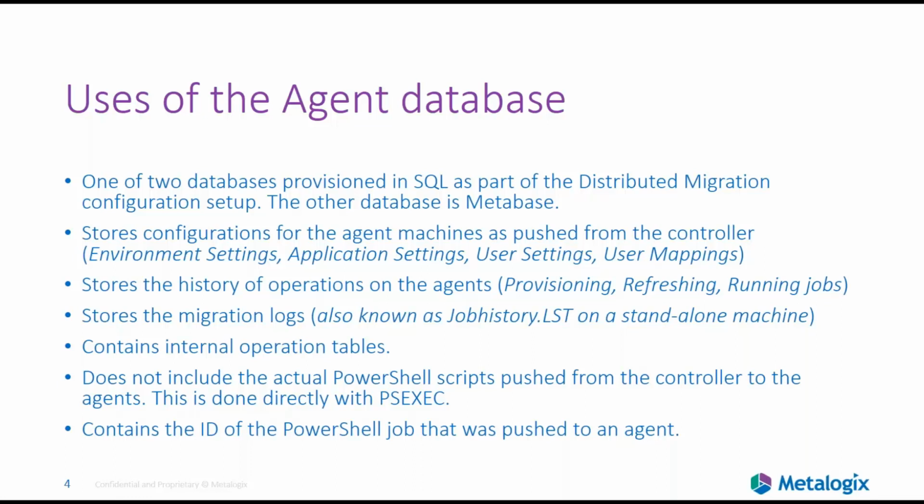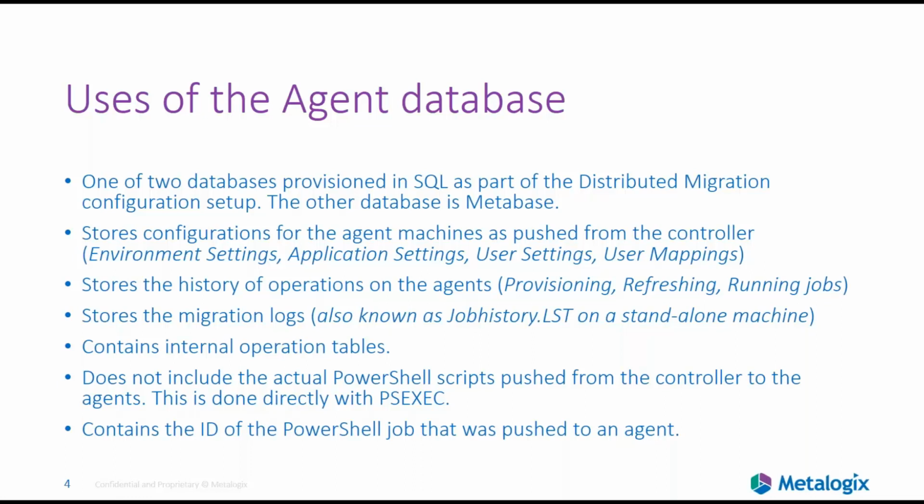It also stores the history of the operations on the agents. Those are more about the management of the agent, provisioning of the agent, what is going on in the agent life cycle, of the provisioning of the model, of refreshing sometimes, and then also information on running jobs. As I mentioned earlier, there are also logs.